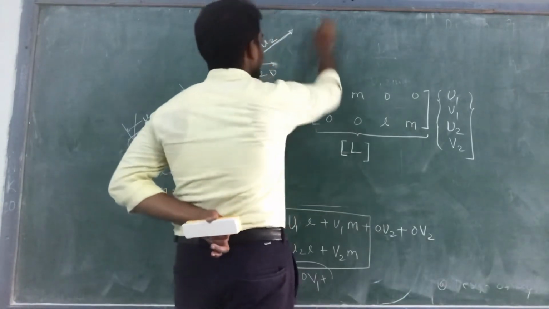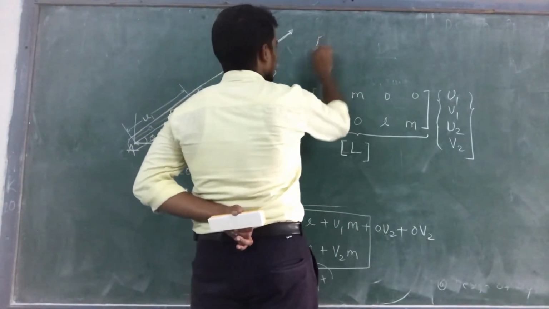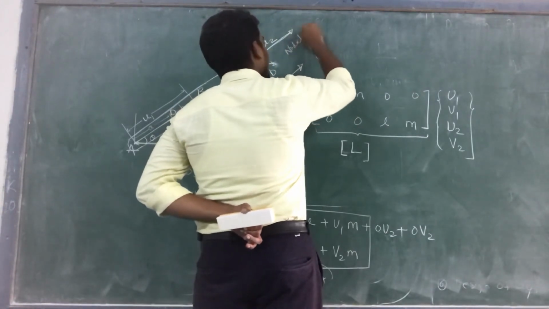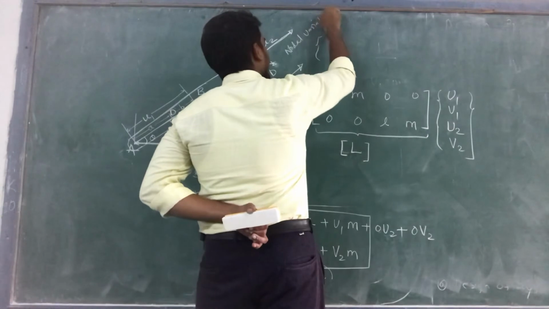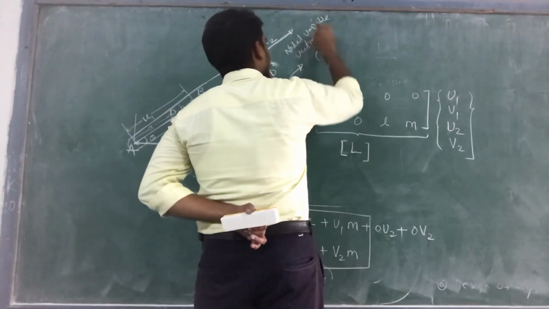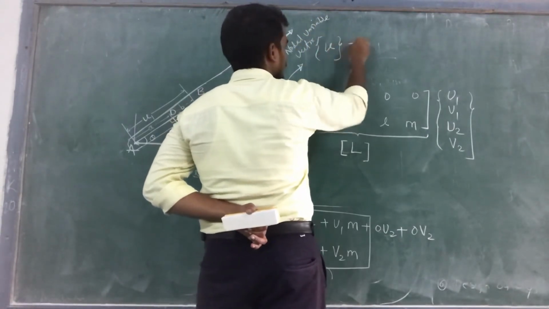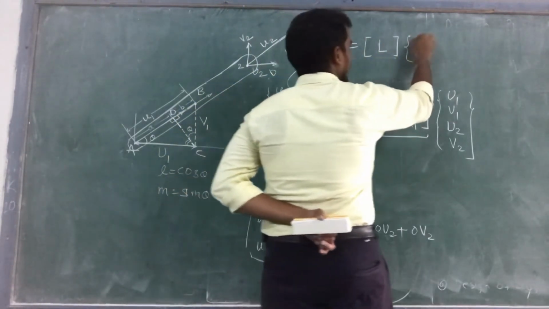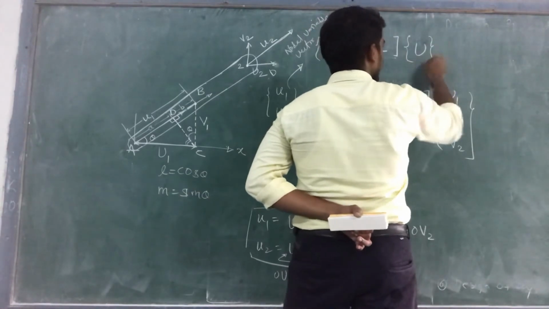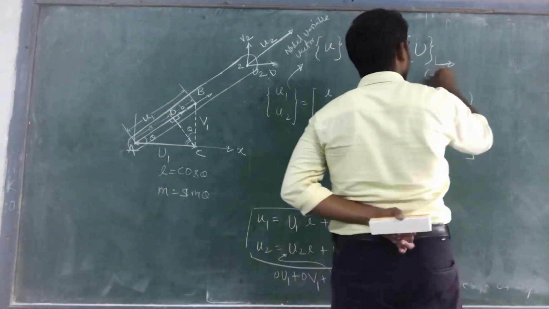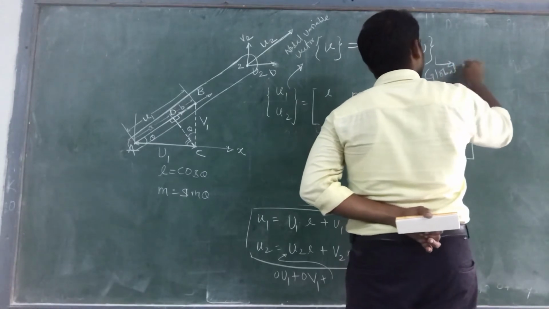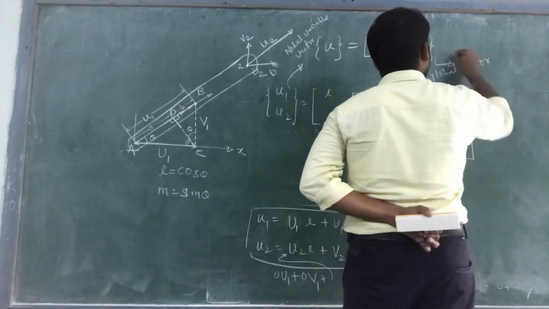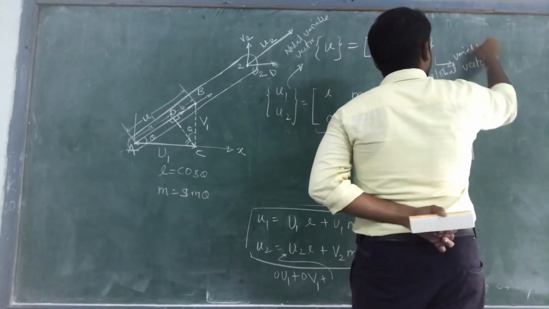This is nothing but your nodal variable vector, small u is equal to L times capital U. This is nothing but your global variable vector.